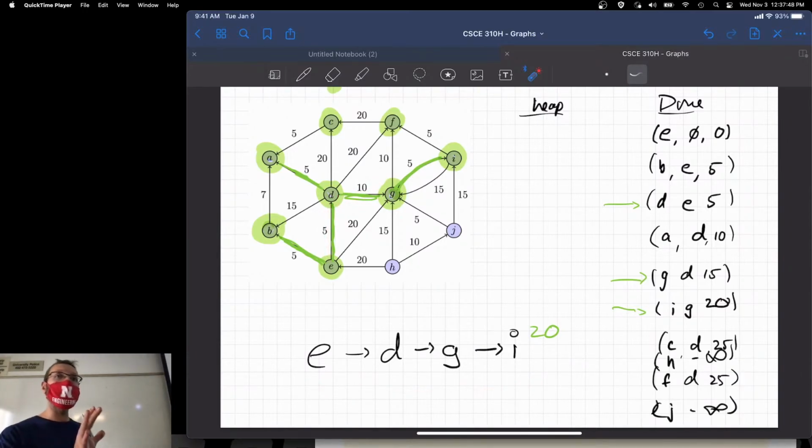If you want to modify Dijkstra's algorithm so that you keep track of the entire path instead of just the predecessor, you can do that. Right? And it probably won't be any computationally more expensive than just simply keeping track of the predecessor. Right? You just need to be careful, because if you find a better path, I got to this vertex here at a weight of 20. But now, because I've added this vertex over here, I can now get to this vertex at a weight of 5, right?